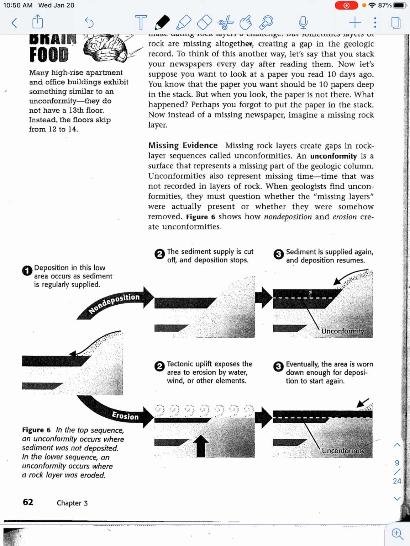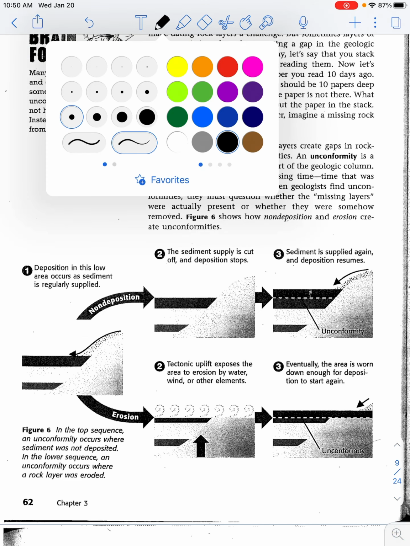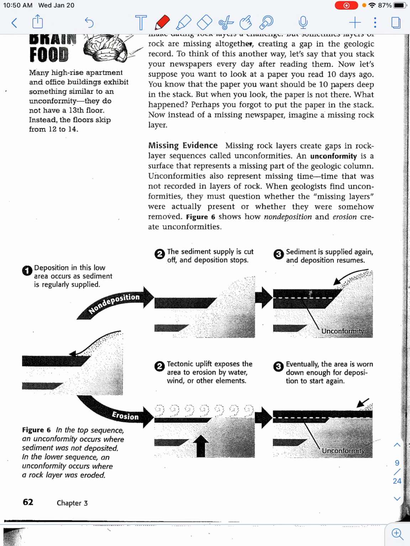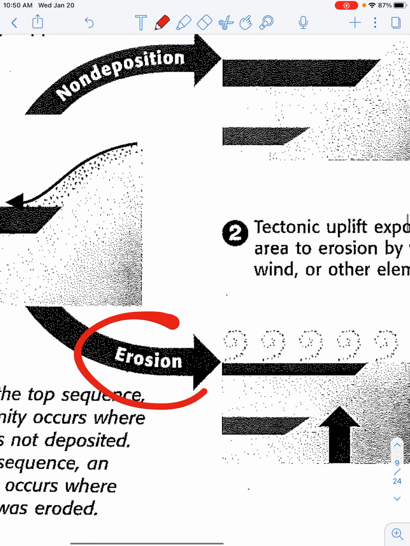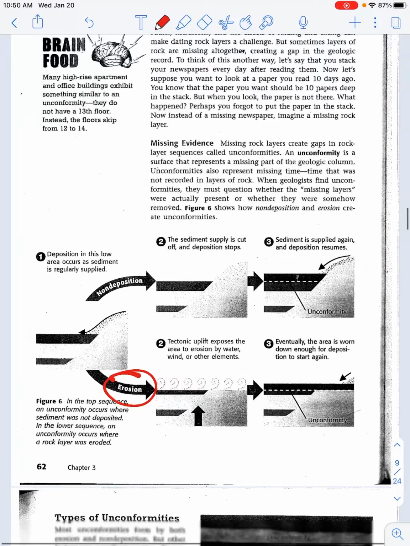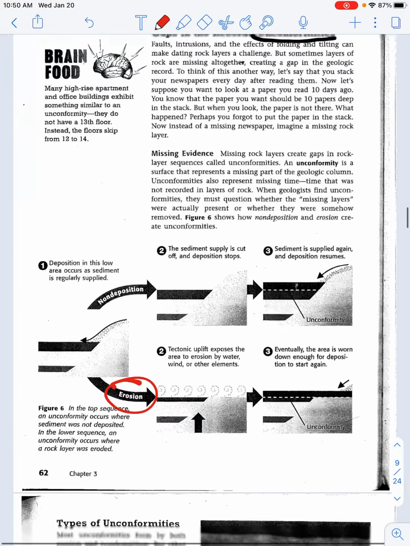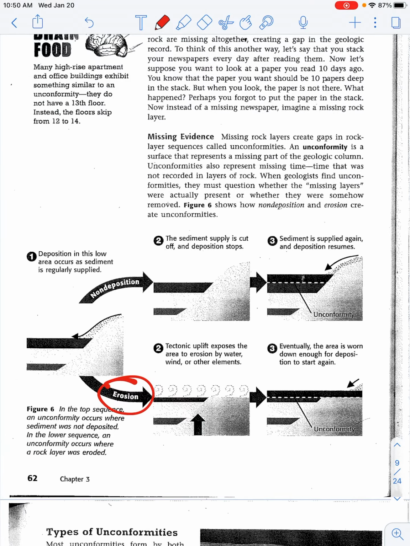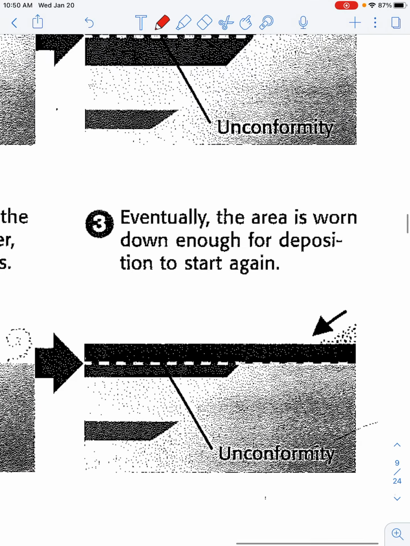Okay? Then another type of way that rock layers are not laid down or are missing is if erosion causes a layer to be taken away. In erosion, the layer is exposed to wind or water, and eventually it wears down and that layer is no longer there.